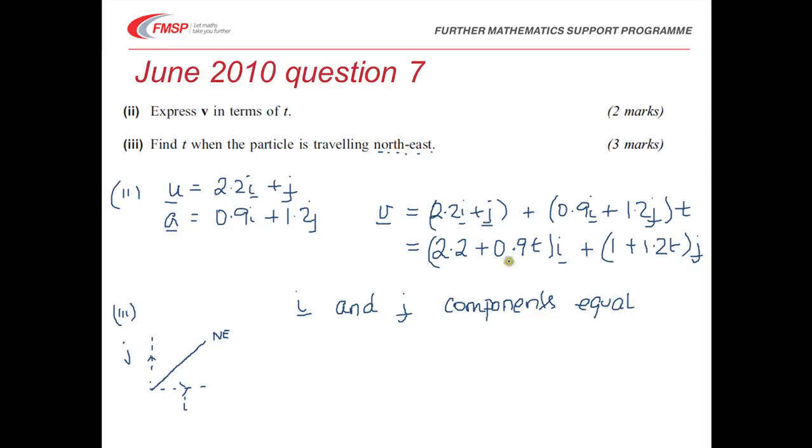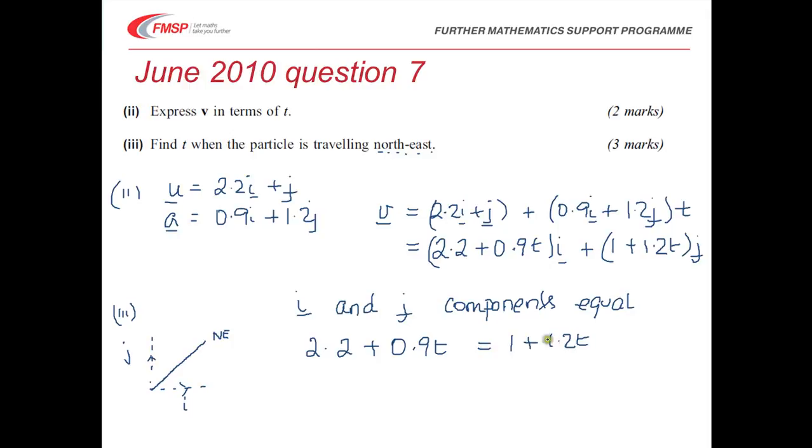So what we can do now, we've got the i components and the j components, so that means that 2.2 plus 0.9t, that's the i component, must be equal to 1 plus 1.2t, that's the j component.